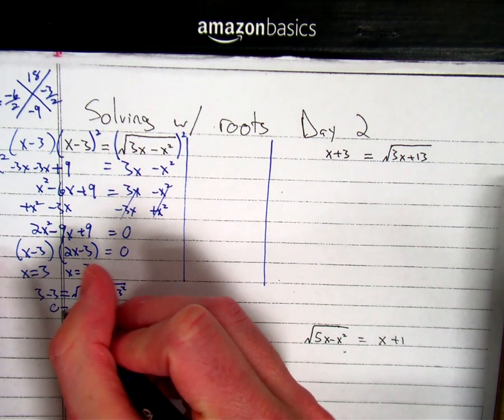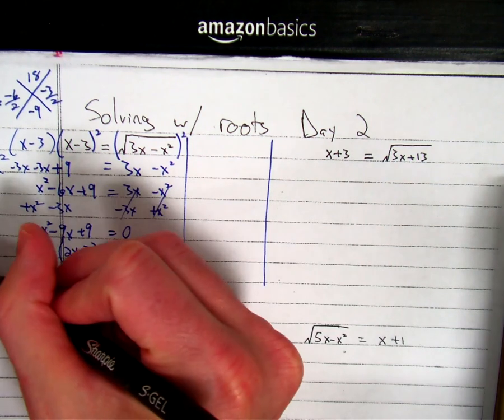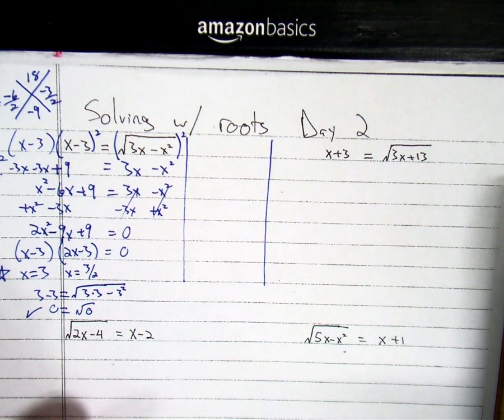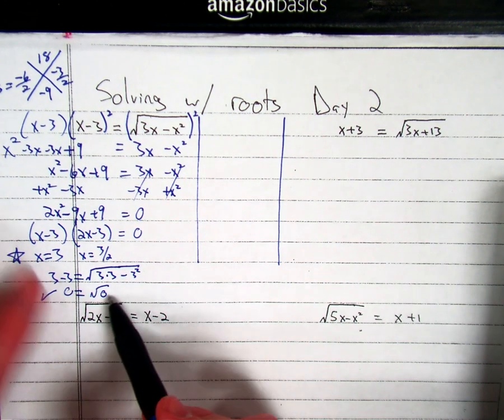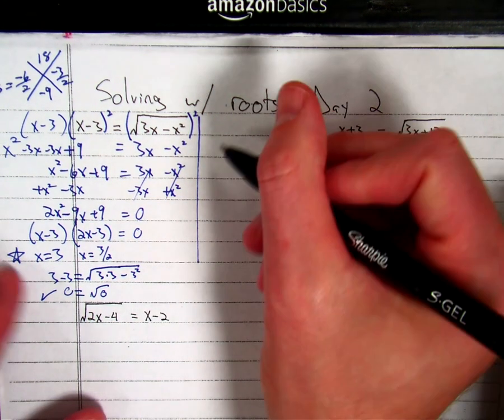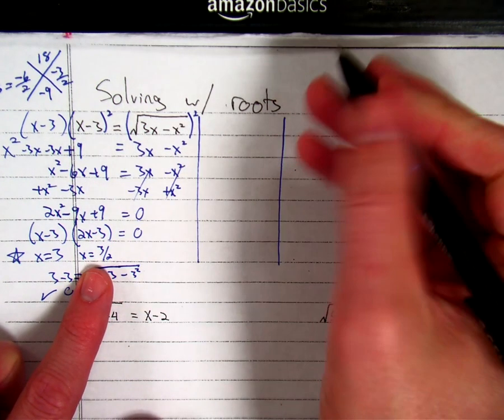And that would be 0 equals the square root of 0, and that is good. So that one's a yes. The other one, we're already thinking it's a no. Alright, so I'm going to use 1.5 or 3 halves.